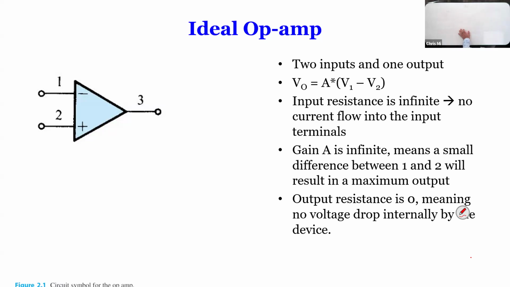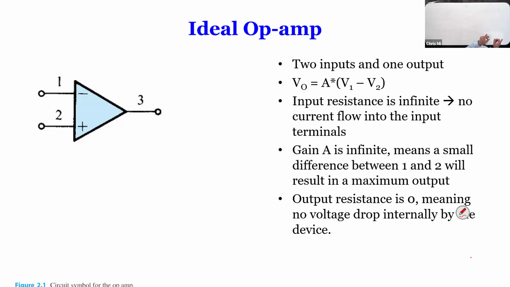A is infinity. What do you get for V1 minus V2? From mathematics? So if the voltage across it is 0, then it would be 0? You're pretty close. Right.